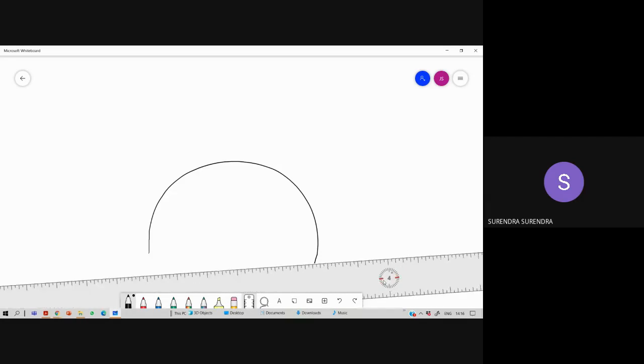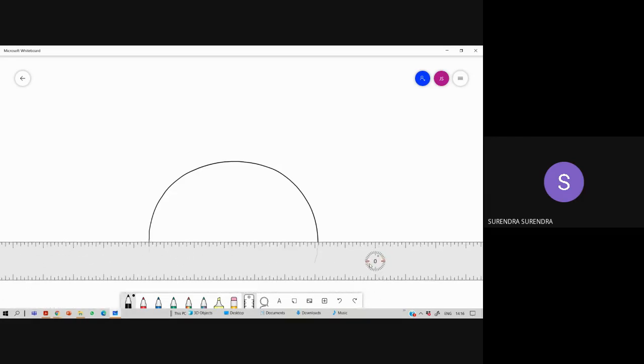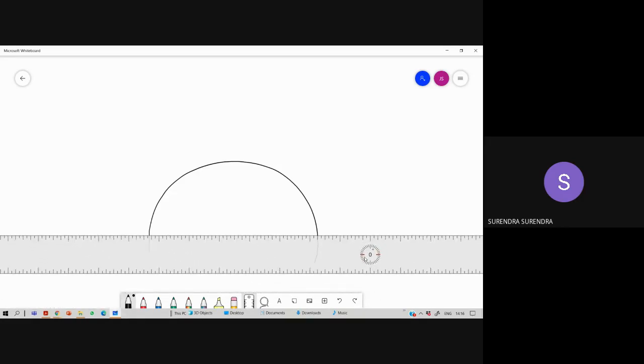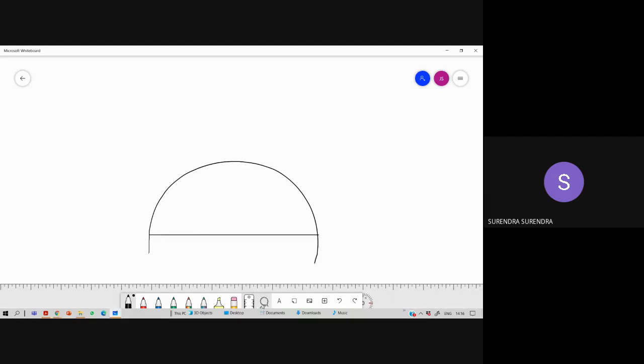That is, a semicircle with 75 mm diameter. Okay.